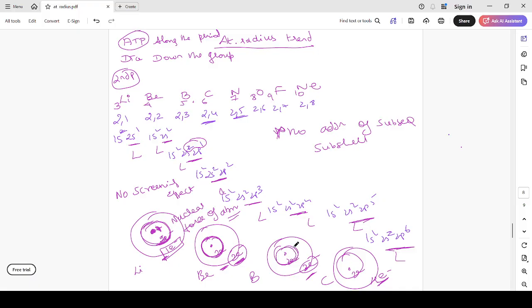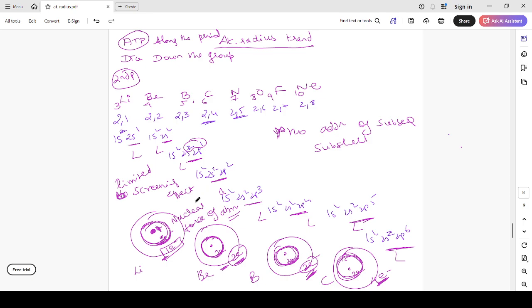Again here, same 2 electrons only, which is shielding the 3 electrons. What about here? Same 2 electrons only, which is shielding these 4 electrons here. Understood? So I can understand there is a screening effect, but only a limited screening effect is there. Not much.